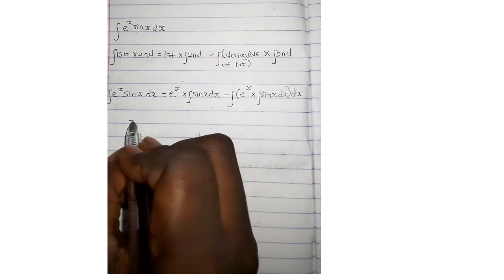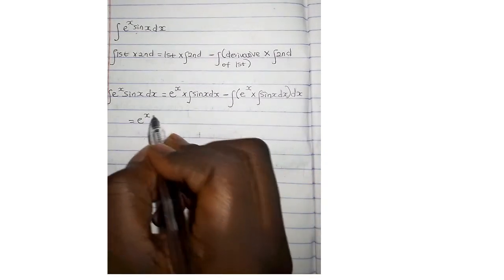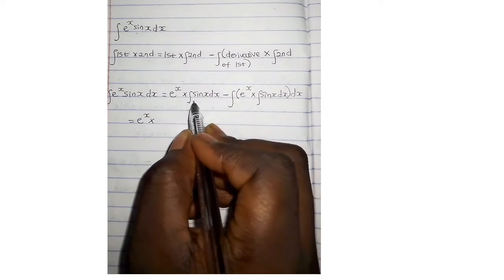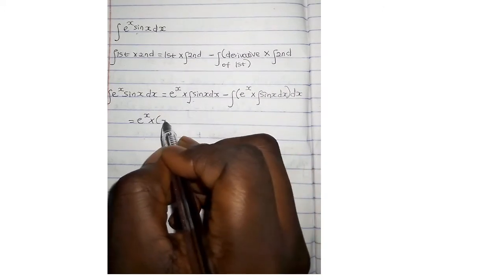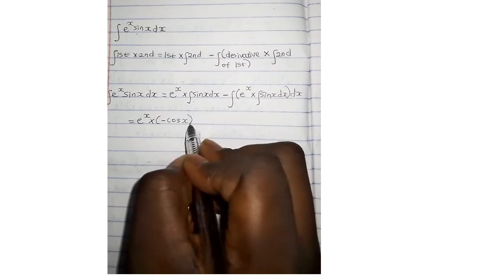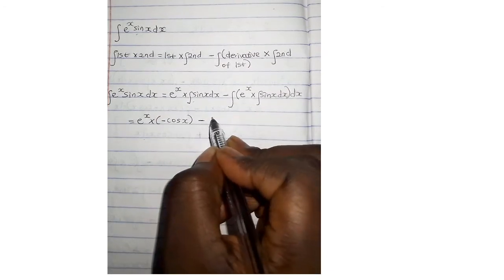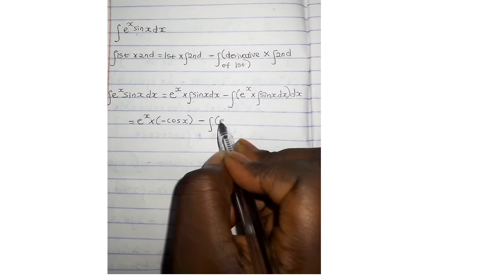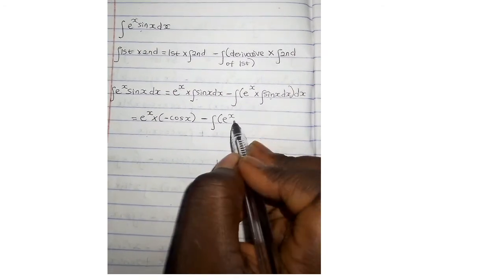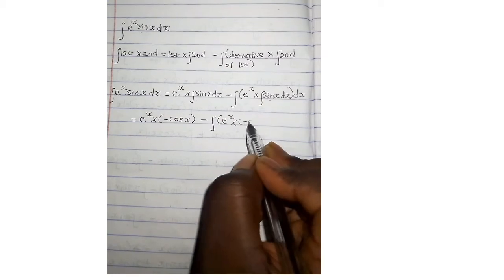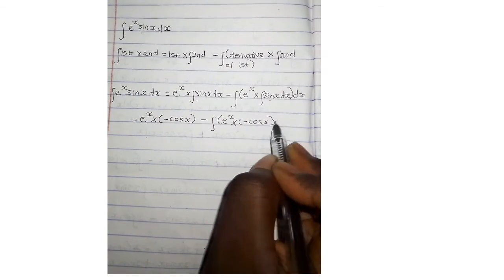Right, so we're going to have here exponential x multiplying. When we integrate sine x, we're going to have negative cos x, minus the integral of exponential x. When we integrate sine x, we're going to have a negative cos x all into dx.